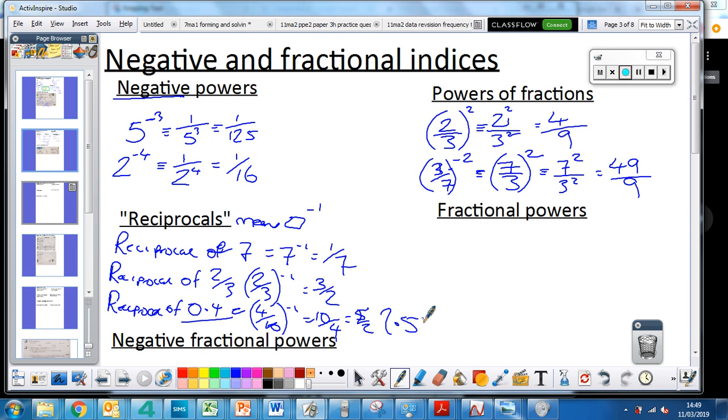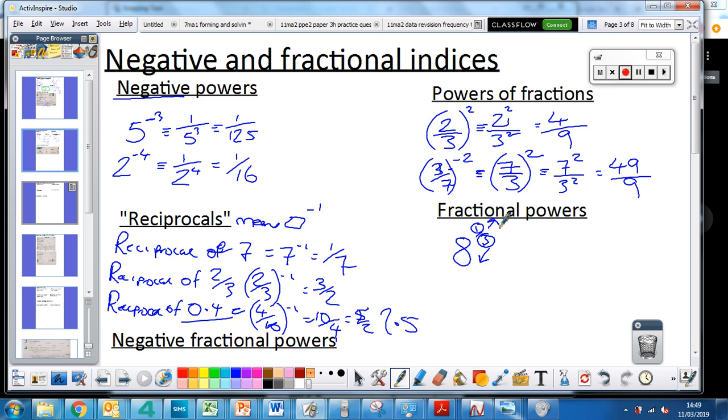Let's look at an example of a fractional power. 8 to the power 1/3. The simple fact about fractional powers is this. The denominator comes down to be the root. The numerator goes up to be the power. Simple fact to remember for our revision.